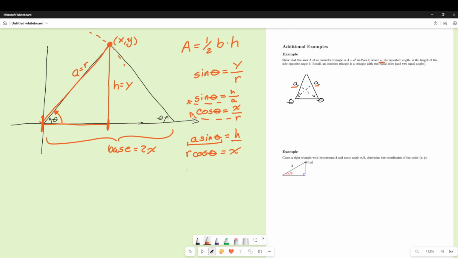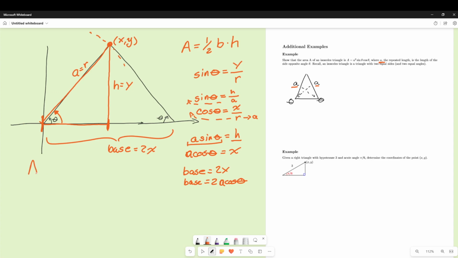Remember, our base is twice the x value, 2x, and our x is equal to r cosine theta. Oh, and of course that r is our side length a, because that r is the same as our length a. So that's our base length.